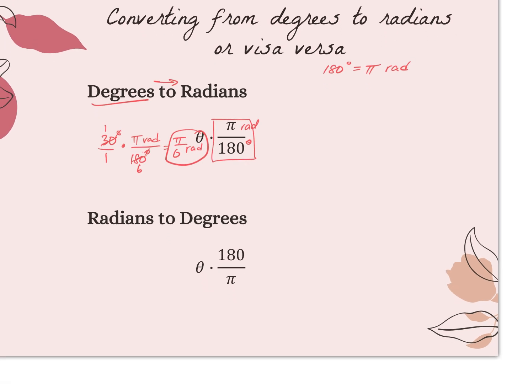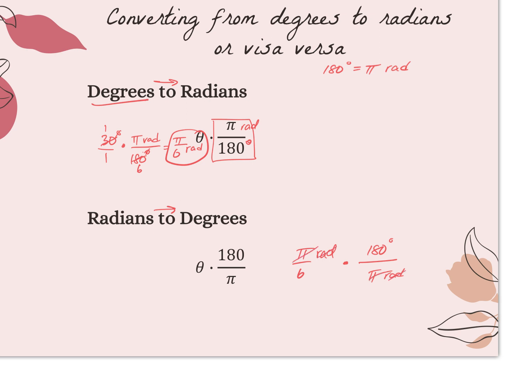And if I want to go from radians to degrees, I'm going to use 180 and pi, but I'm going to use 180 in the numerator spot. Let's do this backwards. Let's say I have pi over 6 radians, and I want to go to degrees. I'm going to do 180 degrees up top, and pi radians at the bottom.